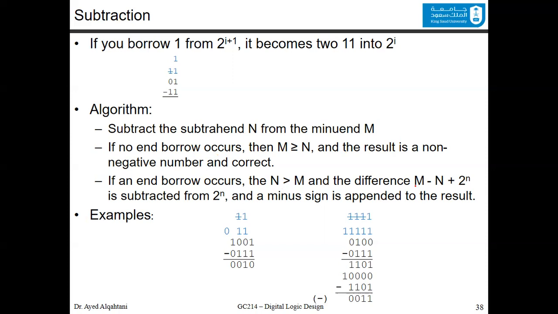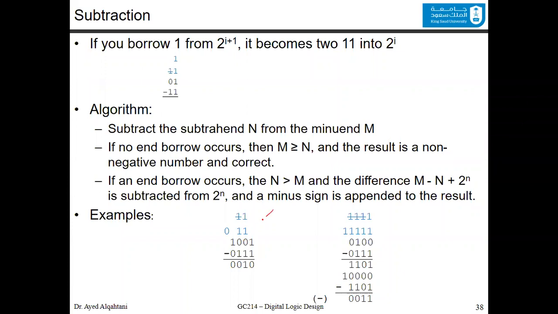And the difference, m minus n plus 2 to the power of n, we will discuss this later, is needed to be subtracted from 2 to the power of n, which means that we need to have a correction.